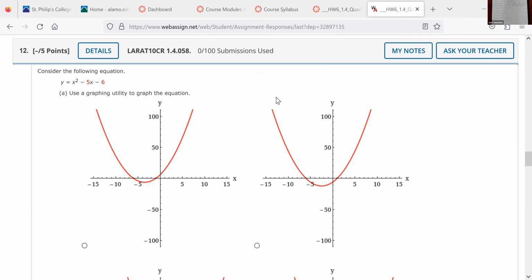Yeah, let's do one. Let me write the question down. This is number 12. Given y equal to x squared minus 5x minus 6.